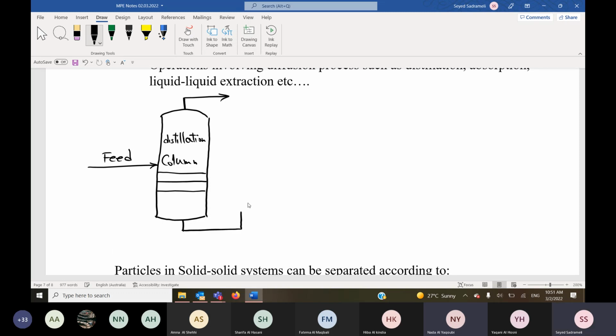this goes to the reboiler. Part of it goes back to the column, and some is collected here as a bottom product. This is the feed, this is the bottom product, this is the reboiler. And then the top part goes to the condenser.